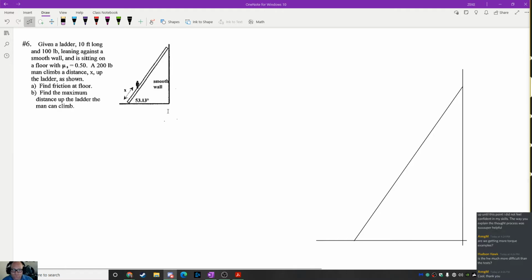So I've redrawn this over here. And what I'd like for all of you to do now, I have one more thing I've got to put on my picture first. I'd like for you all to do your best and see if you can draw all the forces acting on the ladder.